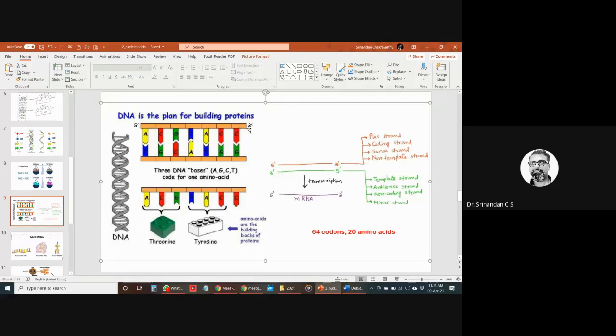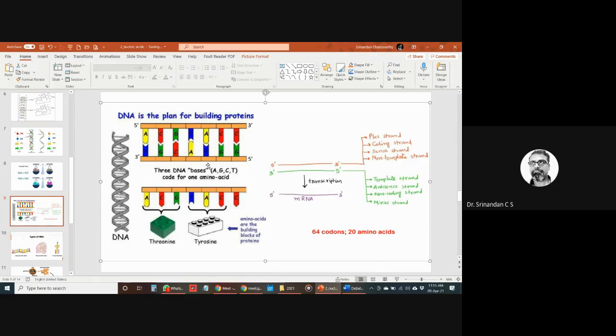When it binds, it will be anti-parallel. For example, this will be the 3 prime and this will be your 5 prime end. From 5 prime, this will be complementary. C and G will form pairs, but in a different way. So this is something important.